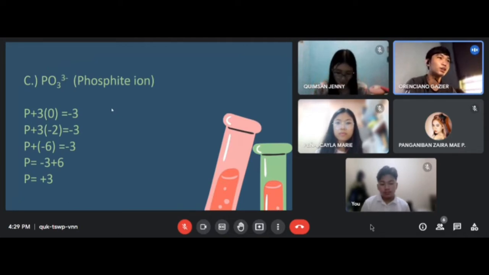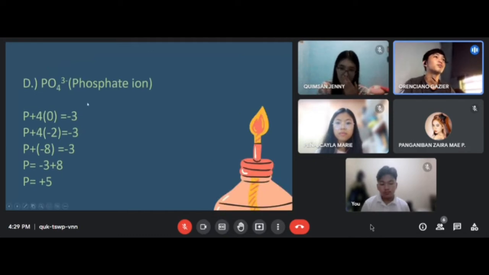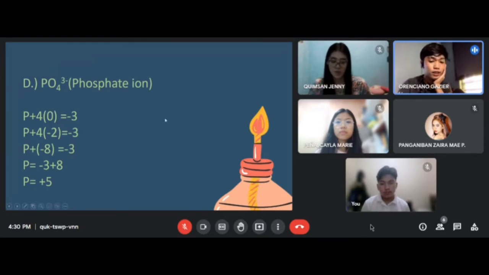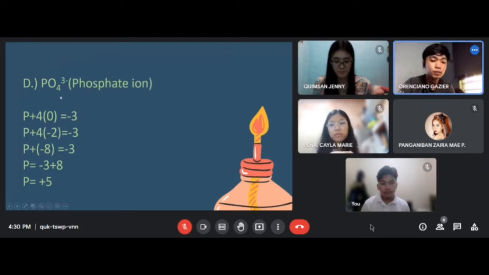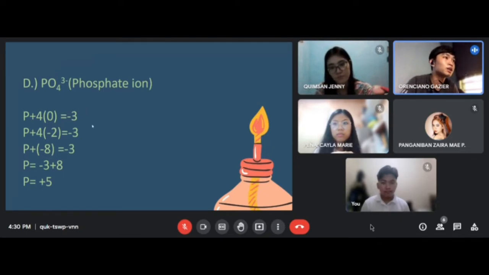For our polyatomic ion, it is the same, and it only differs in the number of oxygen atoms. When the atoms increase to 4, it becomes phosphate. Then P plus 4 times oxygen equals negative 3, P plus 4 times negative 2 equals negative 3, then 4 times negative 2 is negative 8 equals negative 3.